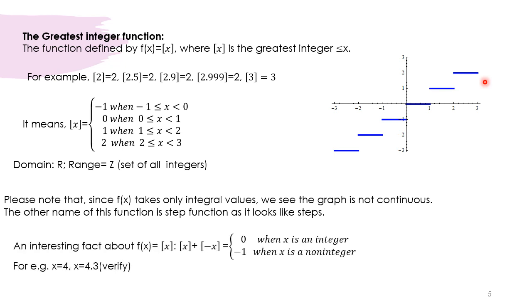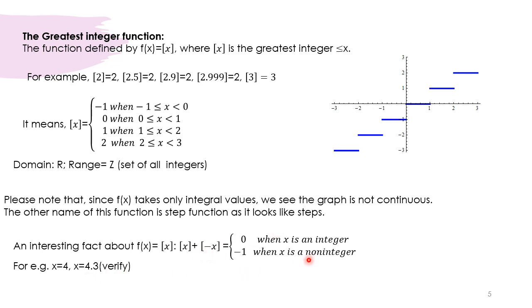Again, an interesting fact about f(x) = [x], the greatest integer function: [x] + [-x] is 0 when x is an integer. For example, if x = 4, this is 4, this is -4, you get 0.